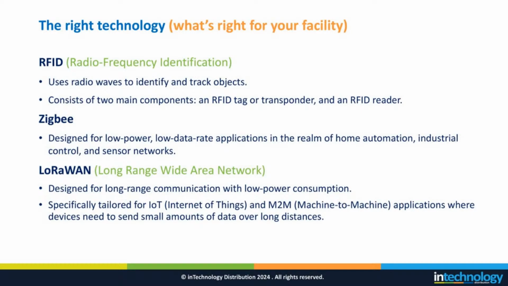Zigbee is designed for low power. It's typically used in home automation and also within sensor networks. It's not something that I've even really seen deployed in Australia at this point. It has been out for a long time. Not something that we typically see in a healthcare environment.